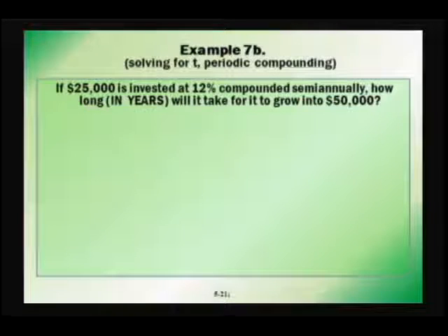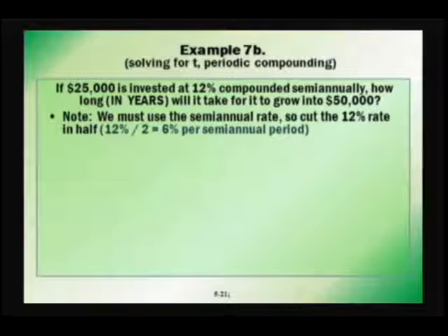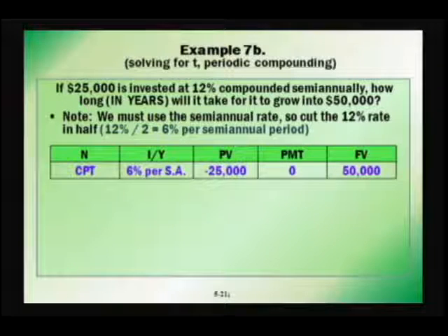If we compounded that semi-annually, how long will it take to grow into $50,000? Now, if we do semi-annual, we need to figure out a semi-annual interest rate. 12 divided by 2 is 6% as a semi-annual interest rate. So we'll take a look. We have 6% semi-annually. We still have a present value of $25,000, and we have a future value of $50,000.